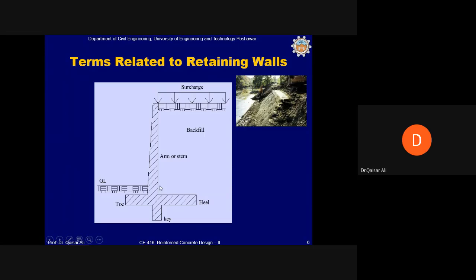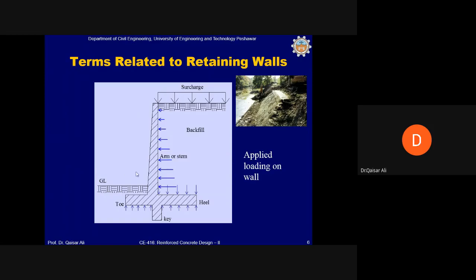The back portion of the retaining wall base is called the heel part, and the front is called the toe part. Sometimes a key is also provided, which is inserted inside the ground in order to increase the capacity of the retaining wall against sliding.